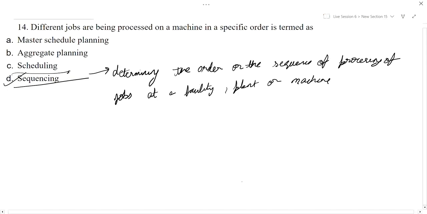Scheduling we already know, master schedule planning also we already know. Next is aggregate planning, which we'll be discussing on the further question. The correct option is sequence.